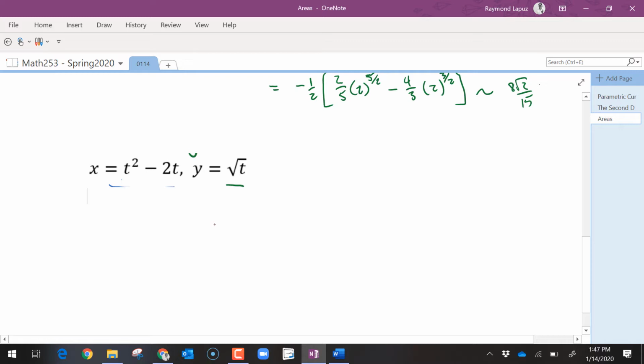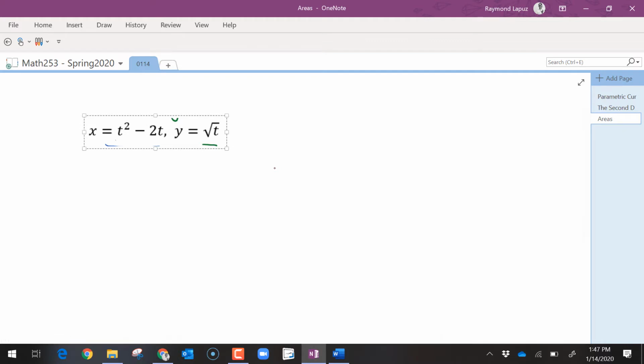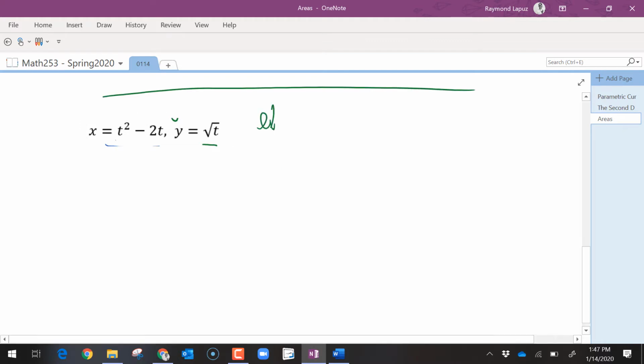Let's take a look at the set of equations that they have here and see if we can write this as a relationship between x and y. So I essentially want to eliminate the parameter t.